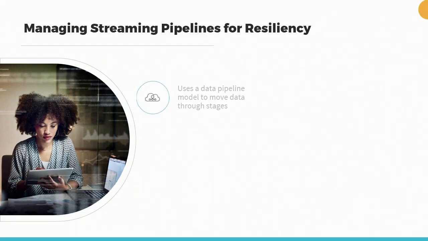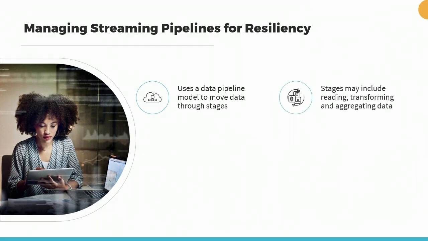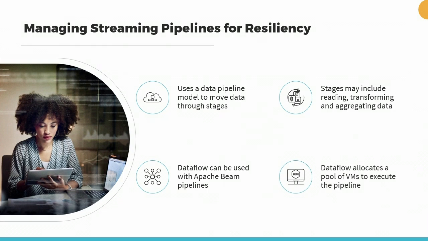These stages include reading, transforming, and aggregating our data. Dataflow can be used with Apache Beam pipelines as well, and it allows us to allocate a pool of virtual machines to execute these pipelines so that we can transform and aggregate our data.